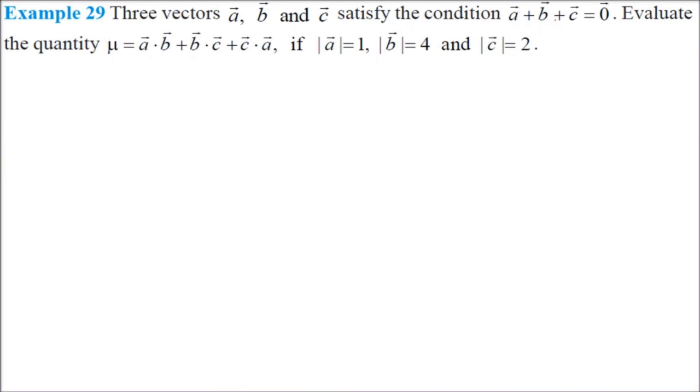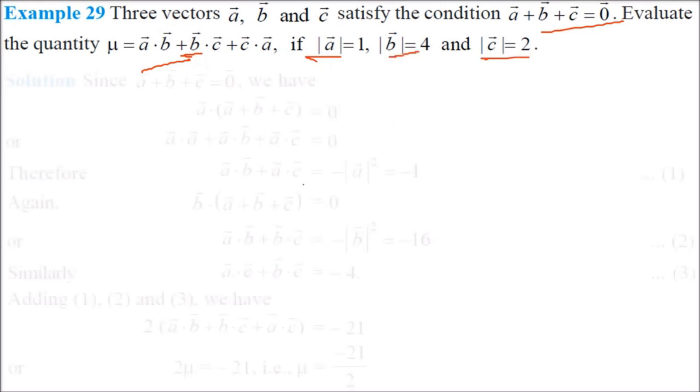Three vectors A, B, C satisfy the condition A plus B plus C equals 0. Evaluate the quantity mu, which is A dot B plus B dot C plus C dot A, where the magnitudes of A, B, C are already given.